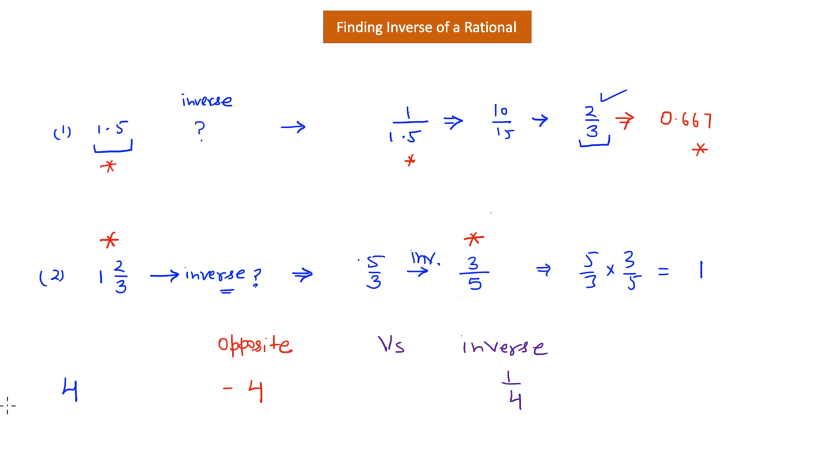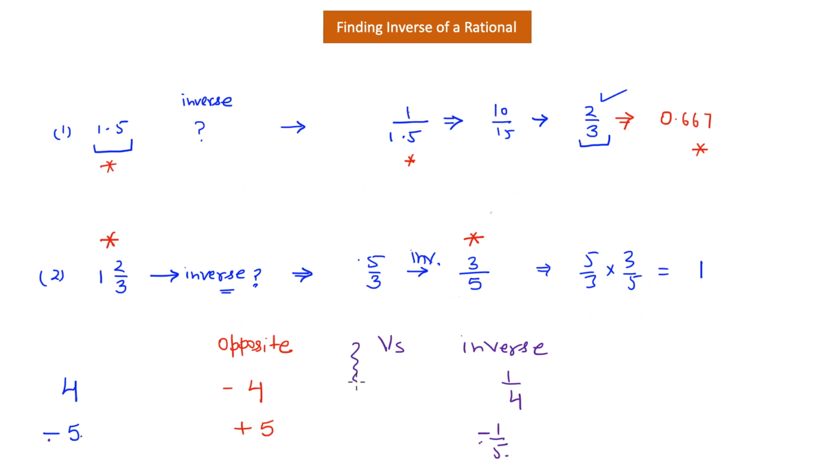So take one more example. Let's say my next number is negative 5. What will be the opposite of negative 5? It will be plus 5. But what will be the inverse of negative 5? It will be negative 1 over 5, right? We are keeping the sign of the original number and the reciprocal as the same, but we are simply taking whatever was in the numerator and bringing that to the denominator.